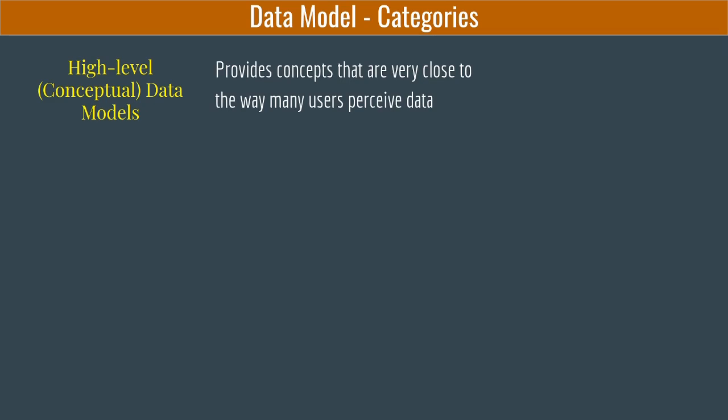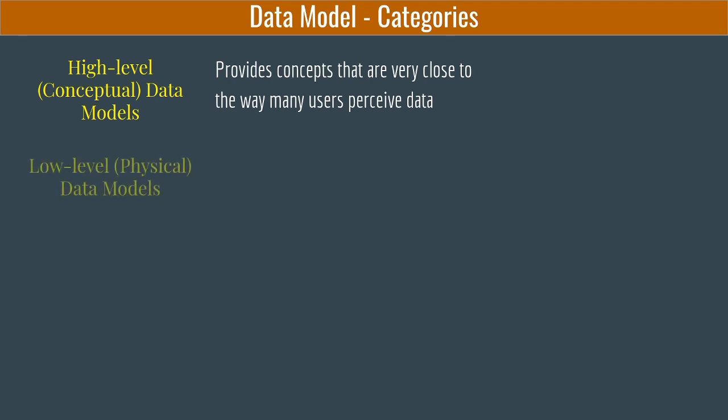So this data model is very high level. This model will not get into the details of the database management system, or much information about how the data is stored. It will be just very high level. We will see one example for a high level data model, but basically it provides concepts that are very close to the way many users perceive data.